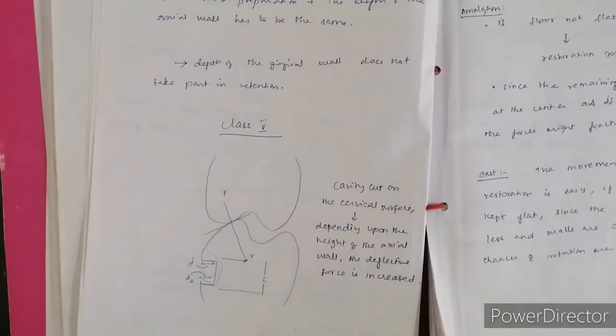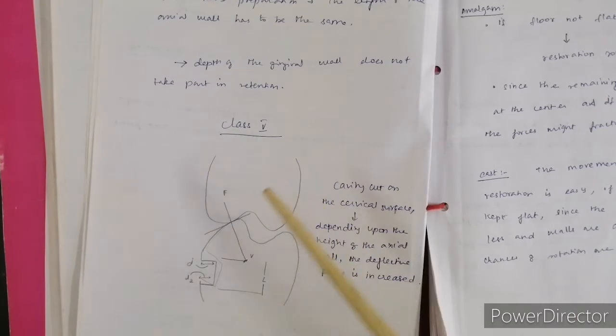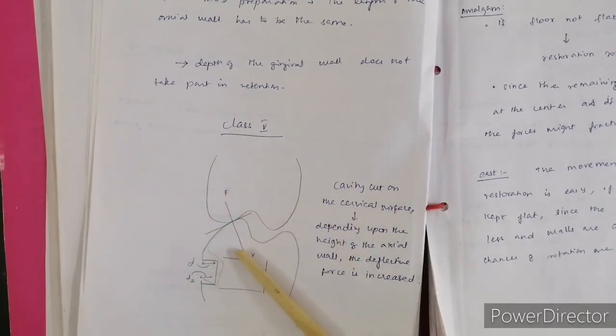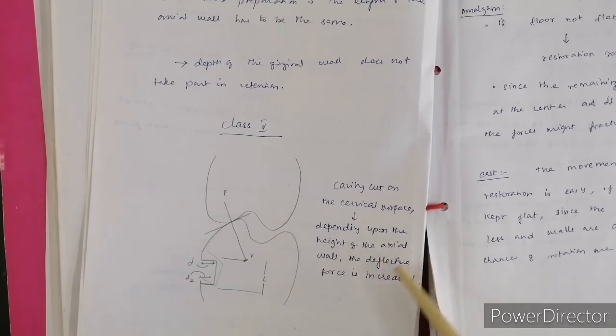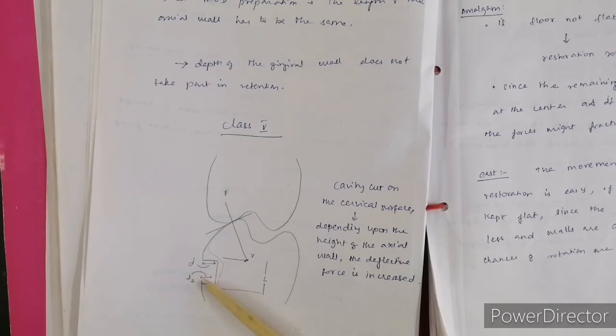Now let us also see class 5 cavity preparation. In class 5 cavity preparation, depending upon the height of the axial wall, the deflective forces are increased, so the retention of a class 5 restoration usually depends upon the height of the axial wall.